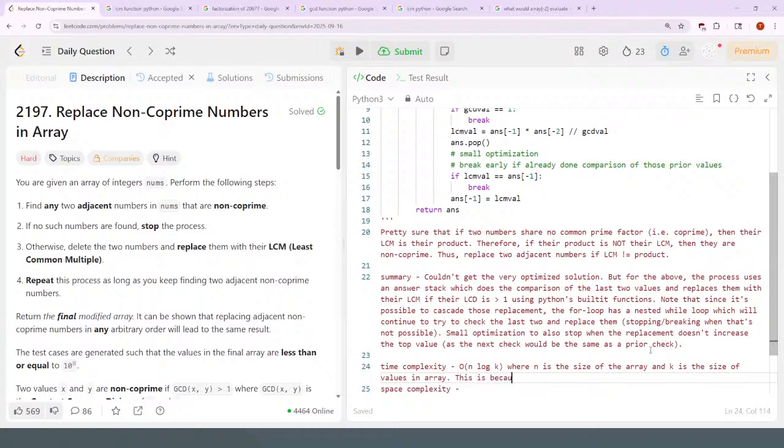This is because the GCD of AB is calculated with O of log of min of AB time complexity.